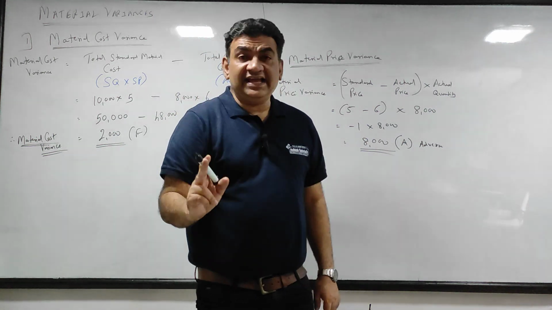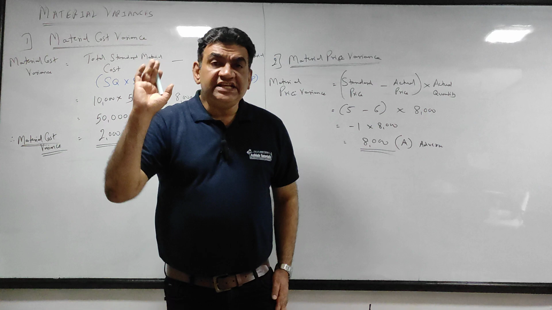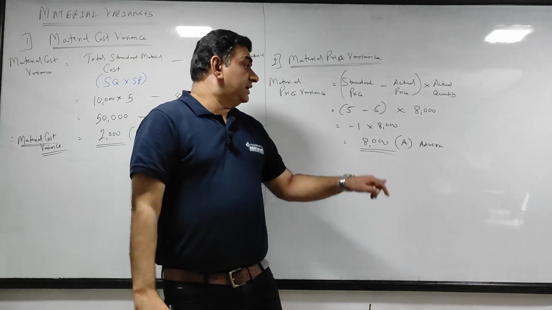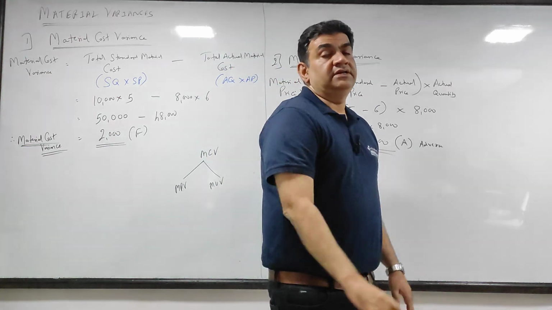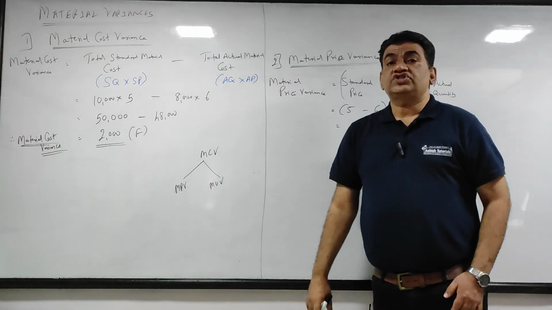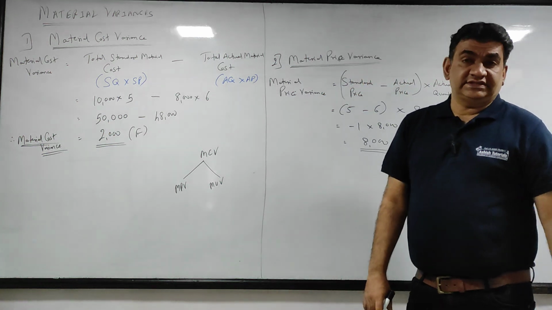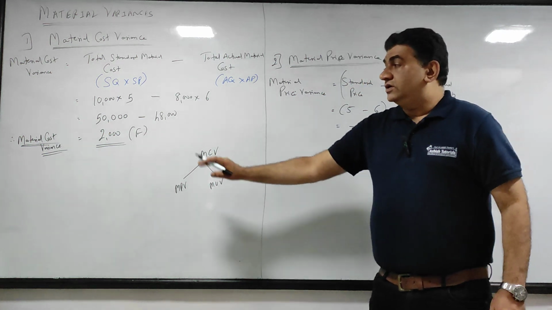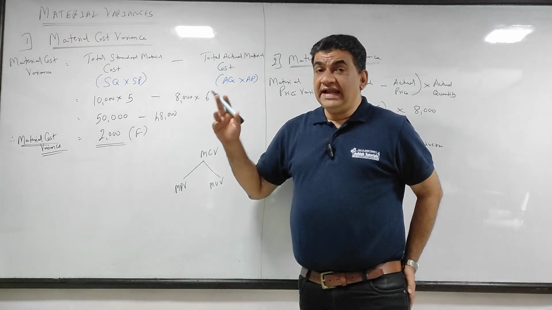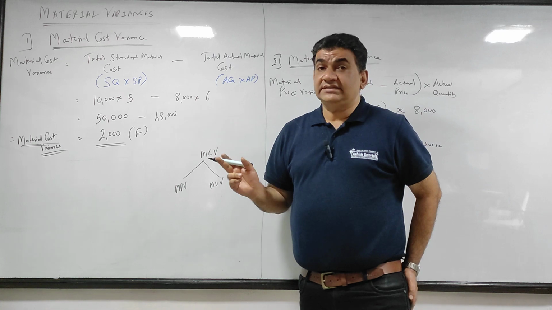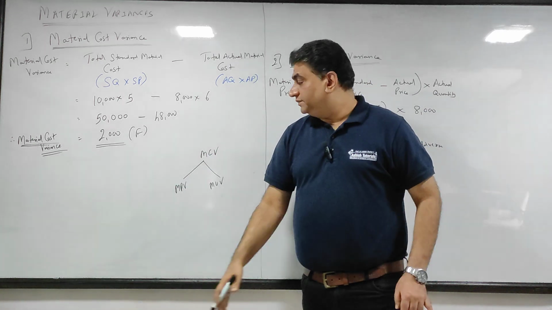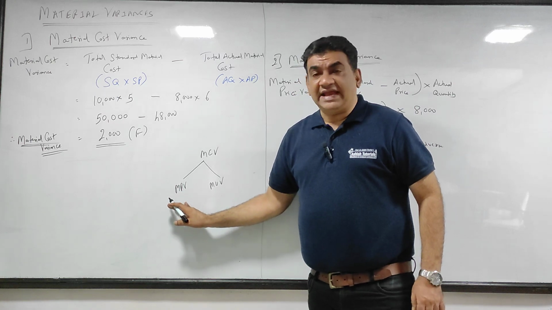This means because of change in price, I lost 8,000 rupees. Got it? Total I saved 2,000, of which 8,000 I lost because of price. Now you will say 2,000 saved, but here it is less. Wait, this was the price variance.